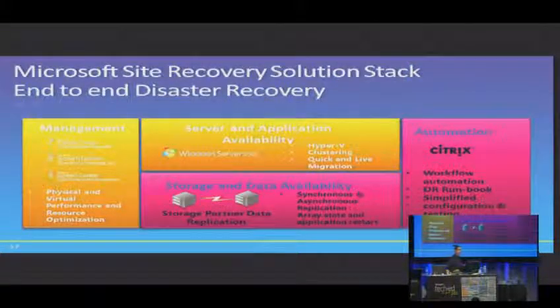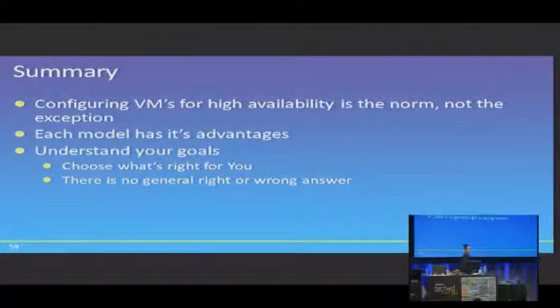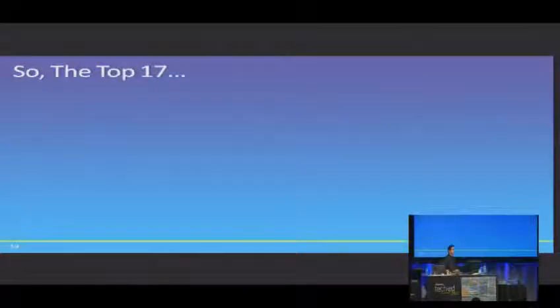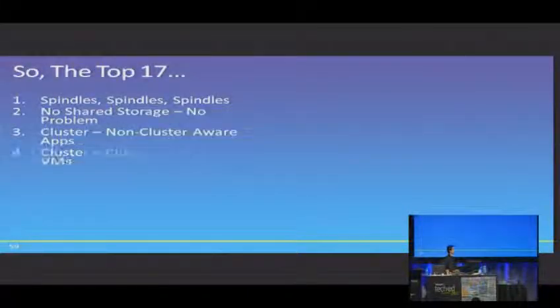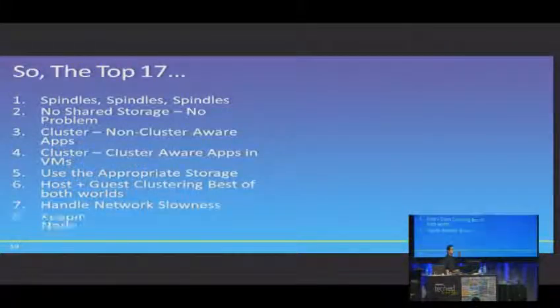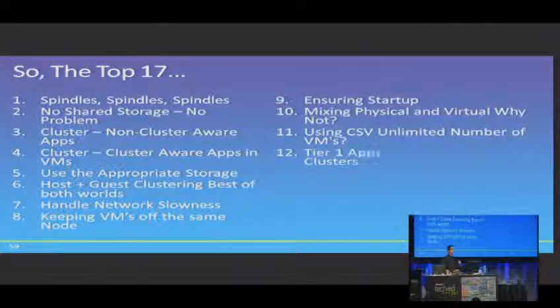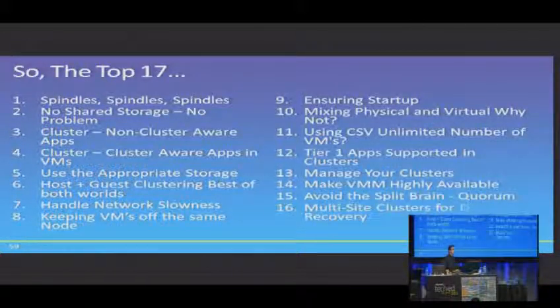And then lastly, configuring VMs for high availability is the norm now. A lot of people are doing it. Most people raise their hand as far as availability. Each model has its advantages, whether you're doing local or cross-site, whatever kind of storage you're using, and then choose what's right for you. So if we look at those top 17 different things: spindles, no shared storage, cluster your hosts, cluster your apps, it's all fine.